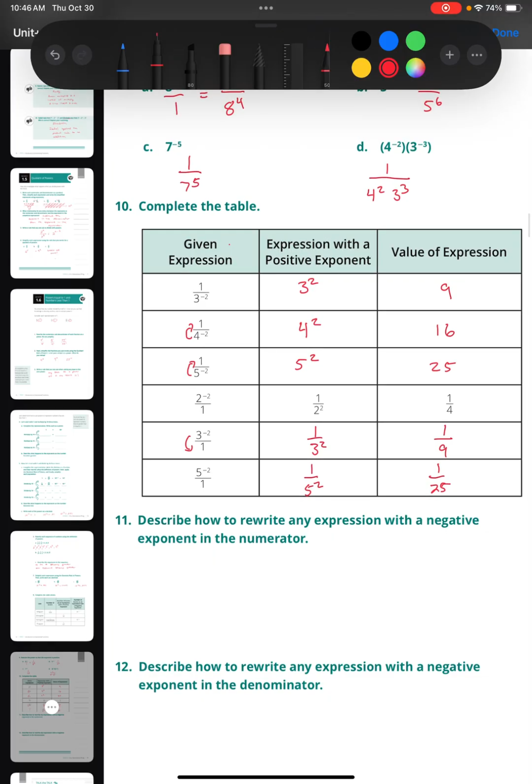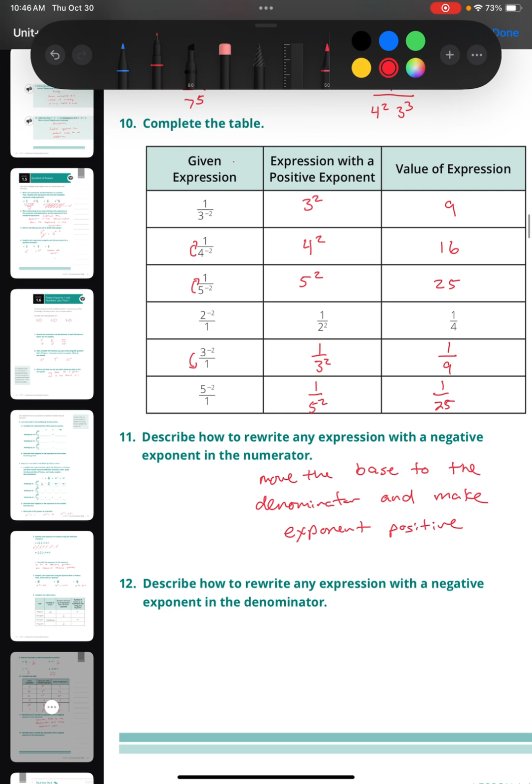So describing how to rewrite an expression with a negative exponent in the numerator, we move the base to the denominator and make the exponent positive. And then the next one's going to be the opposite.